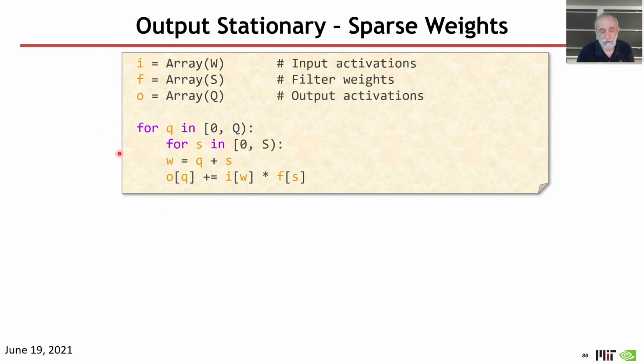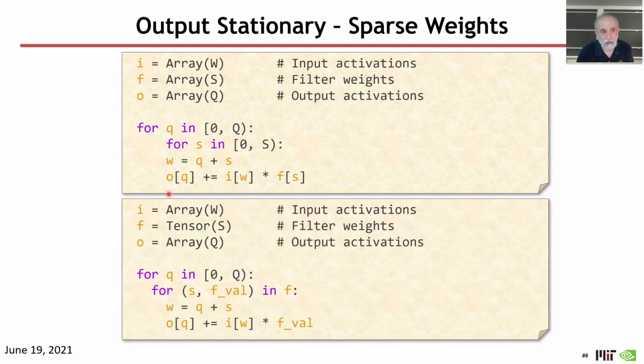This was just a repeat of the code for the uncompressed output stationary dataflow. And the conversion is now that we basically changed the data type of f from being an array to being a tensor.